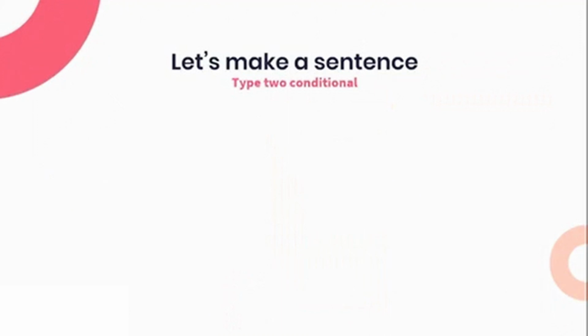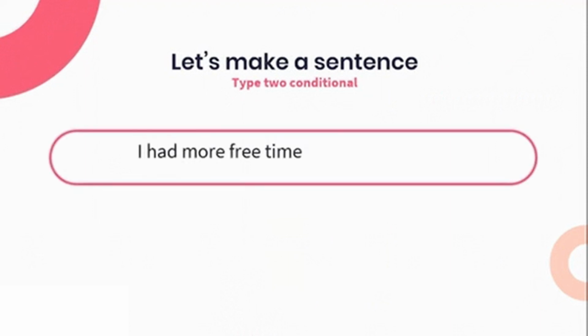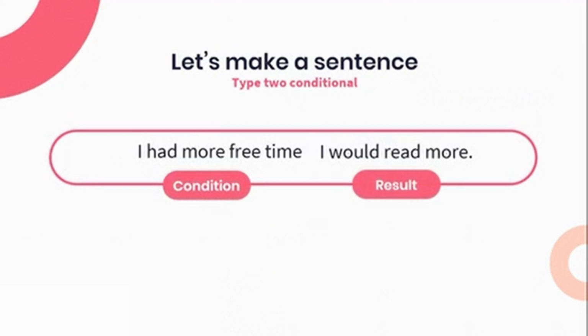So let's go ahead and make the sentence in type 2 conditional. We've got our condition and our result. As you know, first we add the word if. And that's because if is always before the condition. It shows that there is a relationship between the condition and the result.